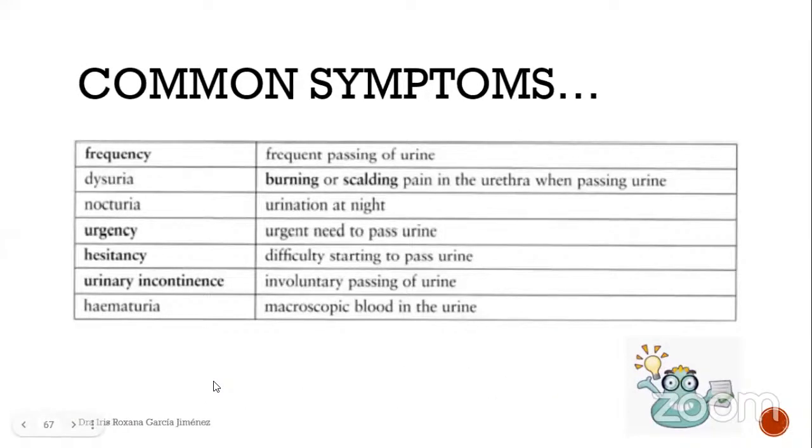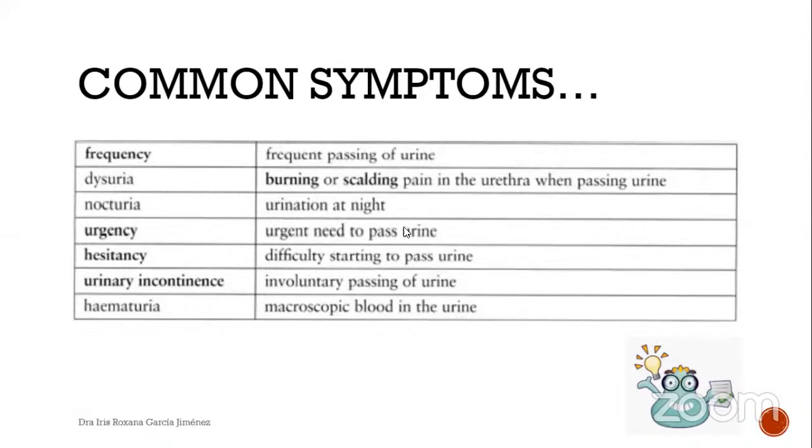Well, the common symptoms that we always have to check while evaluating the urinary system are these: frequency, dysuria, nocturia, urgency, hesitancy, urinary incontinence, and hematuria. Of course, we know the meanings during med school.